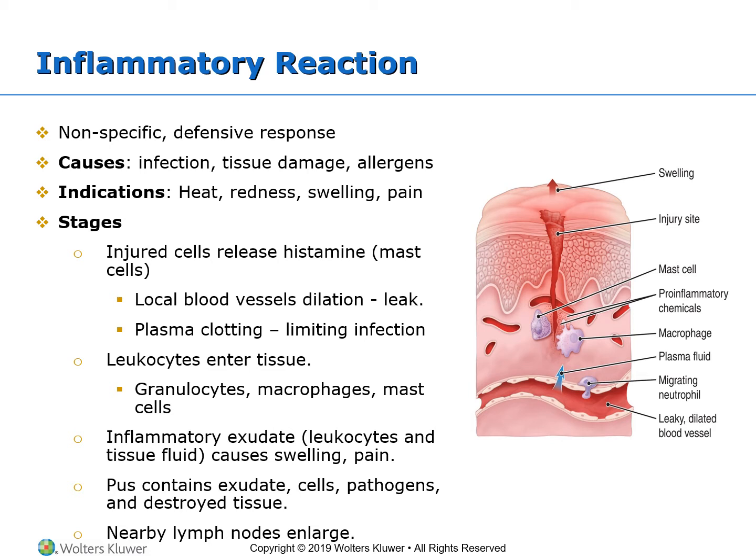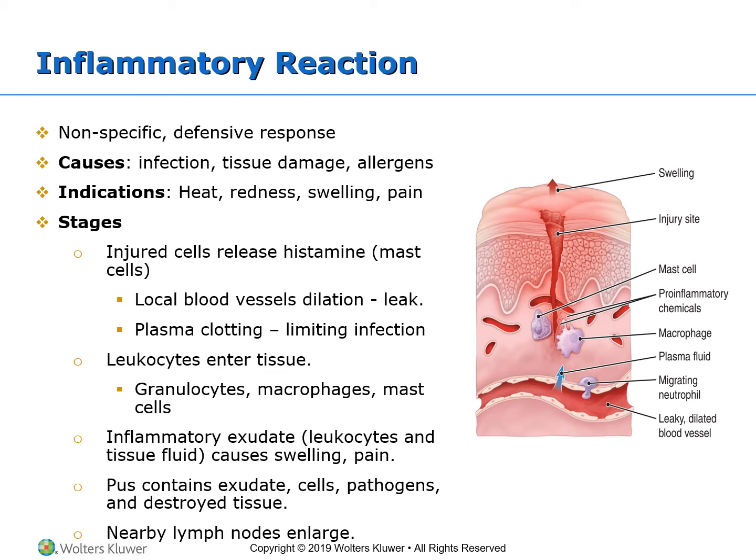So the blood plasma will also leak along outside the vessels and will begin to clot around the area where the invasion happens. And this is a way of trying to limit the spread of the infection to other areas. The increased blood flow from vasodilation will cause that local heat and redness.